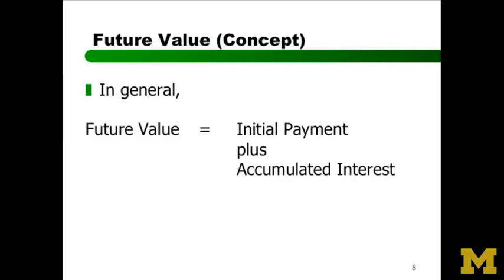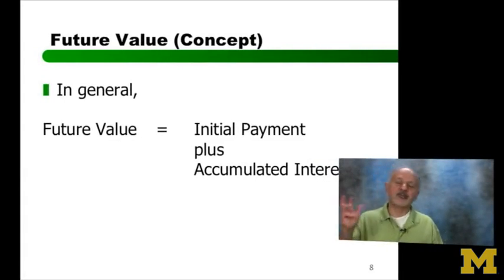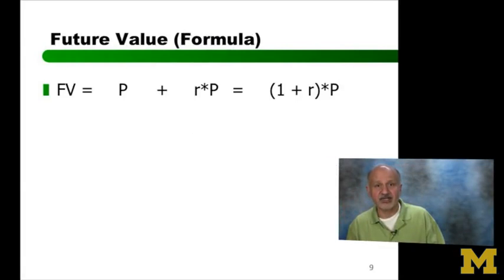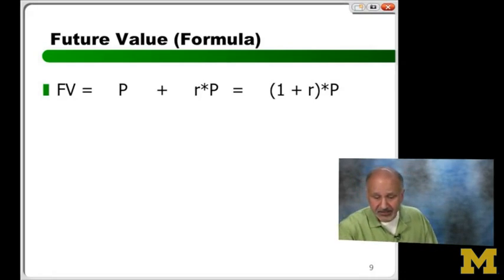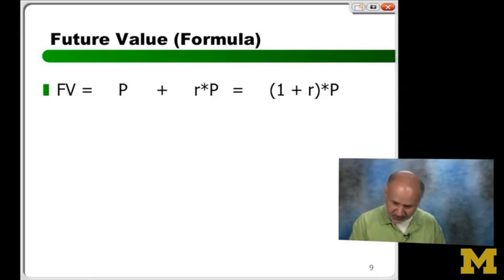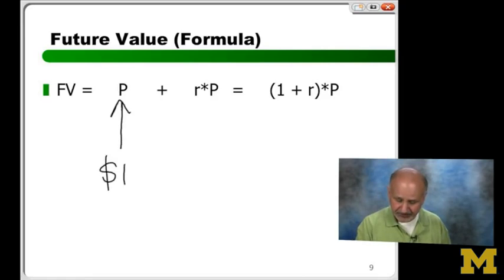So the problem becomes very straightforward. You put in $100, you get $100, but then you get 10% on the hundred, which is $10. So you get 110. This is the formula. If I were to ask you how it relates to the problem we just did, what is this P? P is your initial payment of $100.